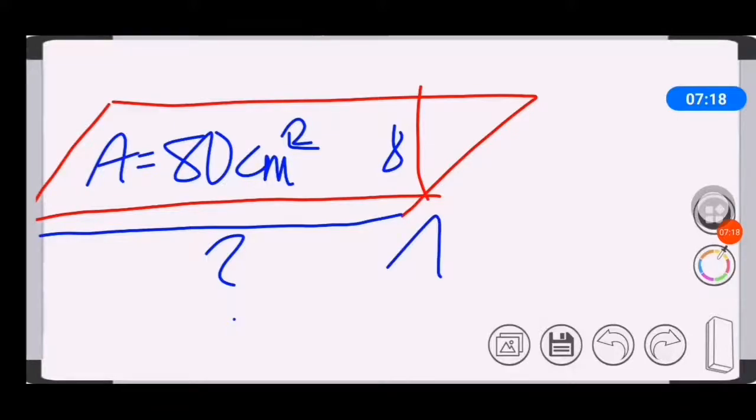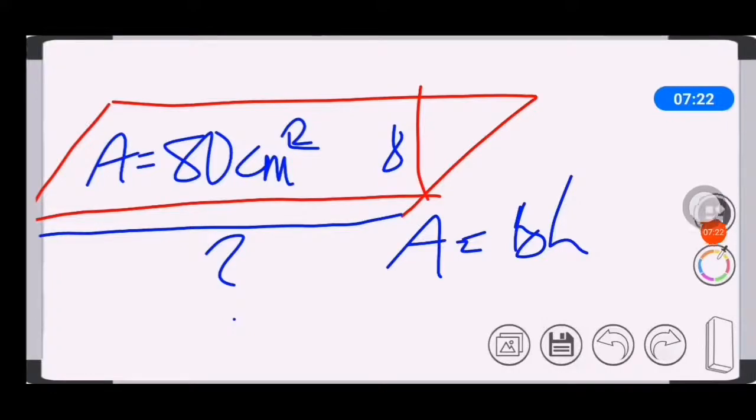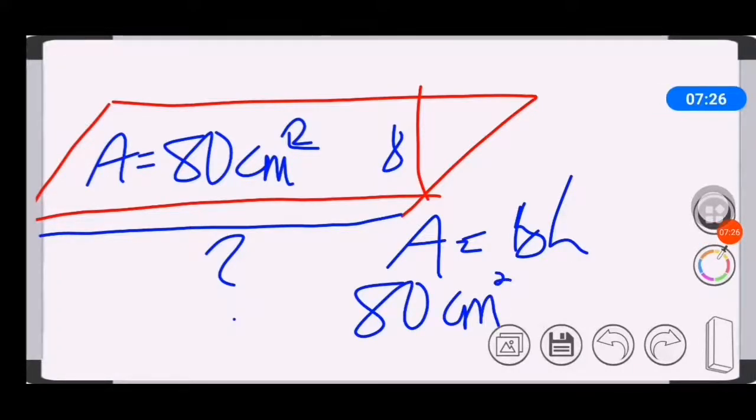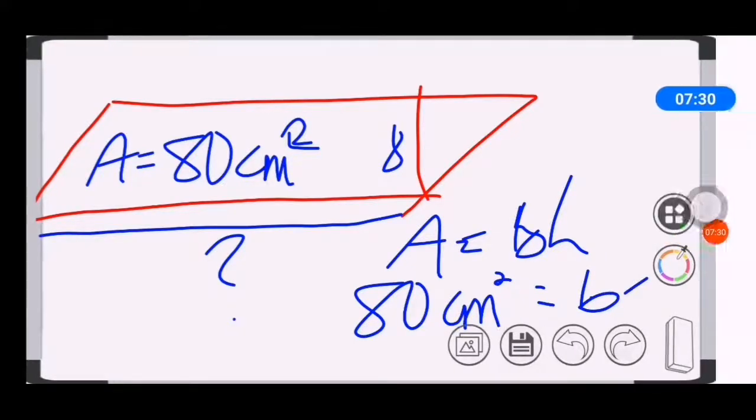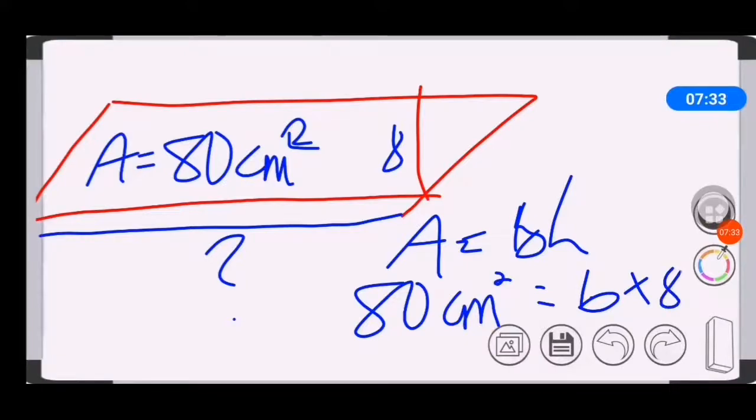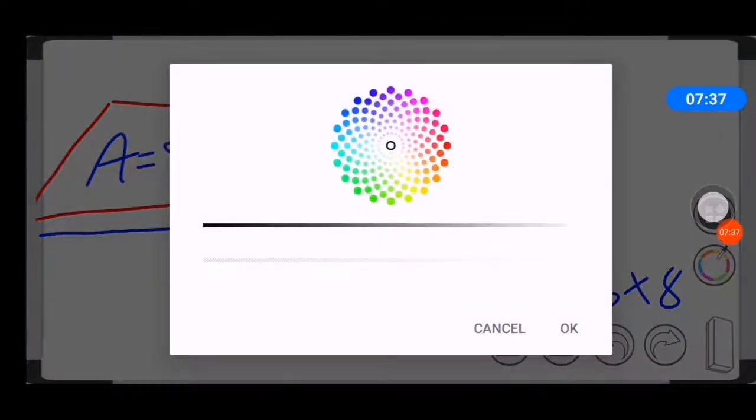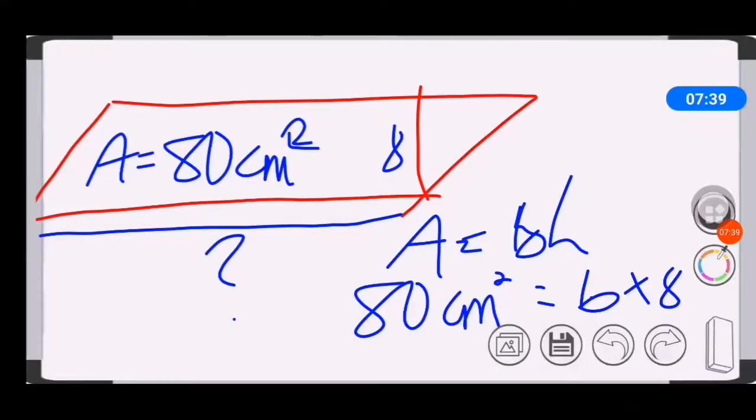We said our area is equal to base times height. The area has been given as 80 squared centimeters. The base we don't know, so it's still b, times the height, which is 8. So we have 8b equal to 80 squared centimeters, and 8 should also be in centimeters.